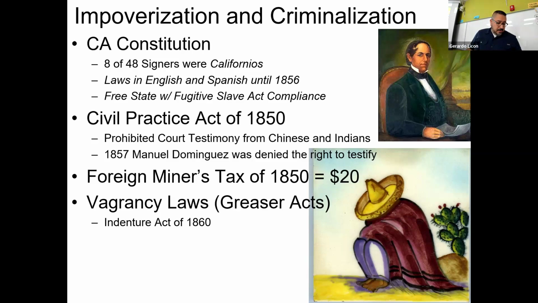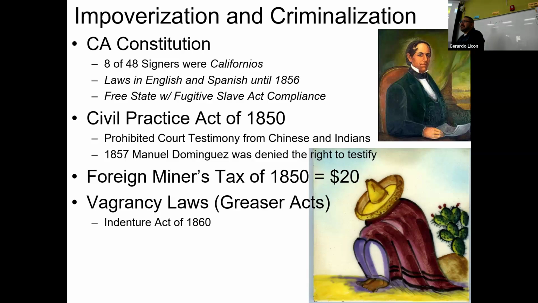Another example of something similar would be the Indenture Act of 1860. The Indenture Act of 1860 made it so that people could just take a 15-year-old Native American person and keep them for 10 years, the prime years of their life, from age 15 to 25, and have them work for you for free.